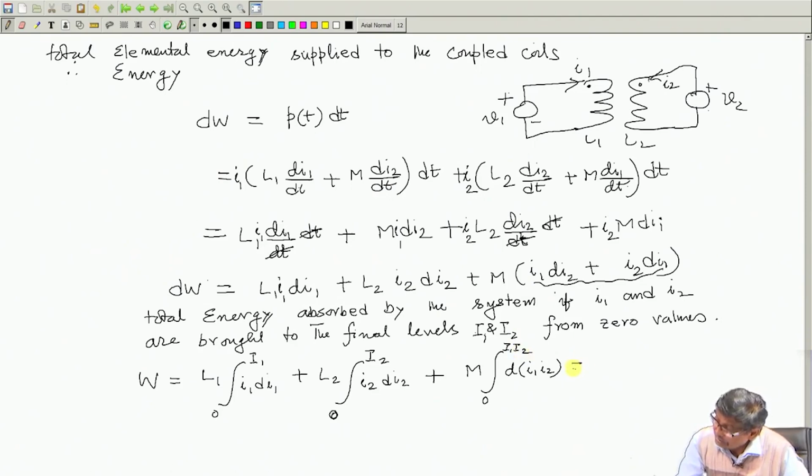So, this will give us the familiar terms half L1 I1 square, first two terms are very familiar, plus half L2 I2 square, then plus M I1 into I2.